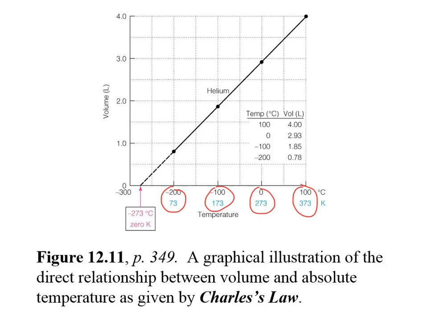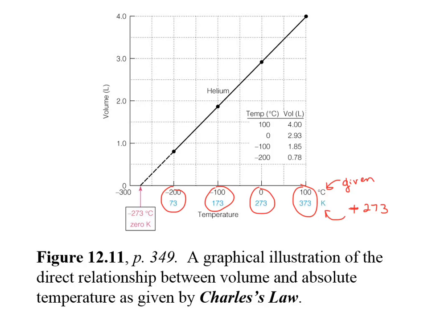So if you were given Celsius and you want to get to Kelvin, what you do is you add 273. If you take the black number and add 273, 100 plus 273 is 373. 0 plus 273 is 273. Negative 100 plus 273 is 173.